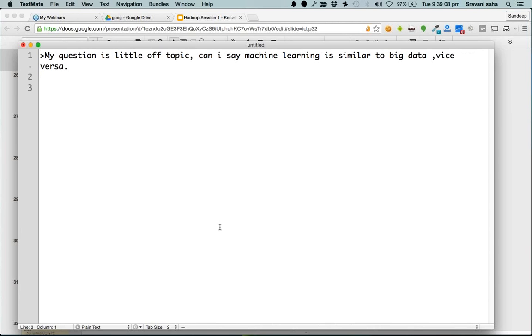One question from Sekhar is a little off topic: can I say machine learning is similar to big data and vice versa? Not really. You apply machine learning to big data.